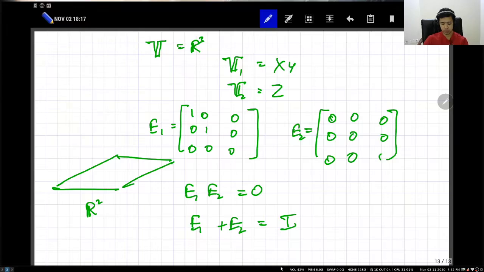Then take V_2 to be some other line which is not in this plane, and try to find the corresponding E_1 and E_2, and you should verify that E_1 E_2 equal to 0 and E_1 plus E_2 is equal to the identity matrix.